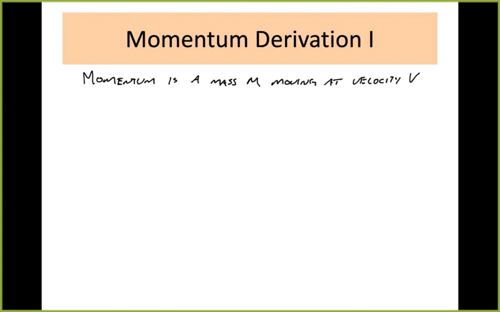So if you have mass and are moving, you have momentum. You can be a really light object moving very quickly and have the same amount of momentum as a very large object moving slowly, because it ends up being mass times velocity.